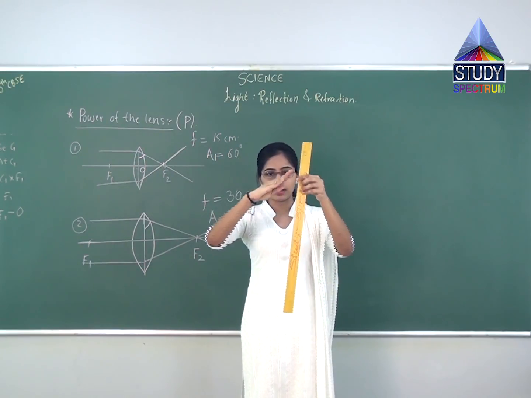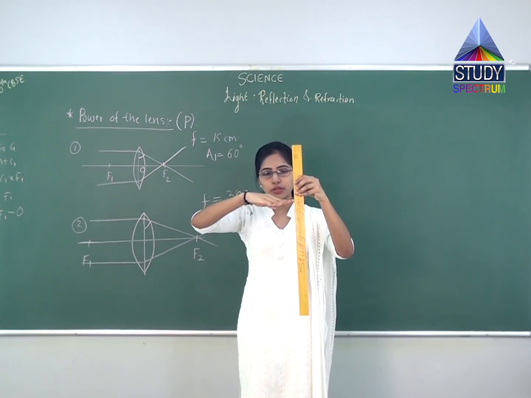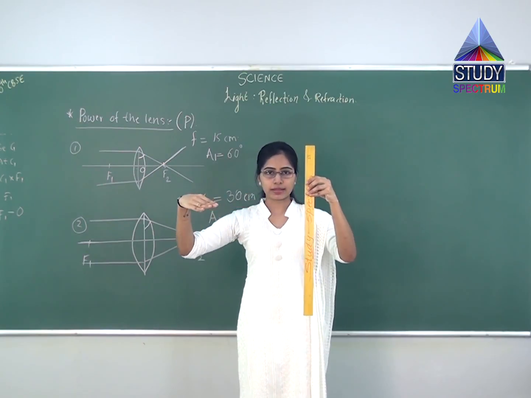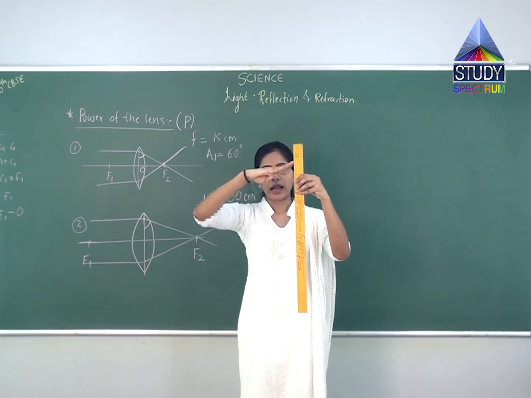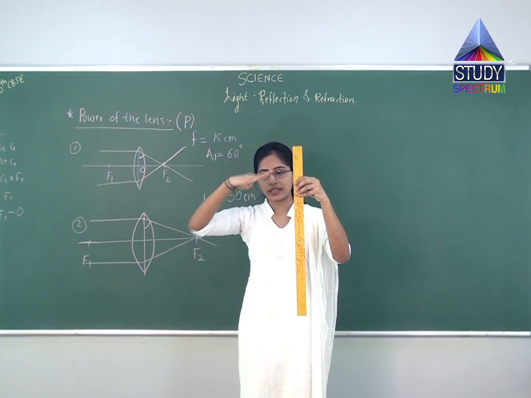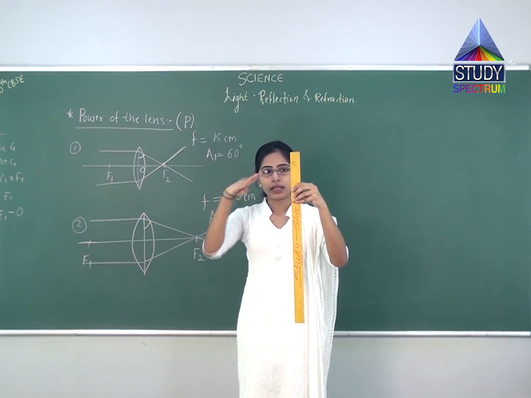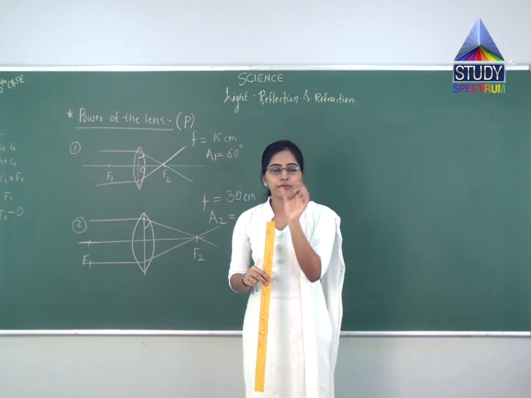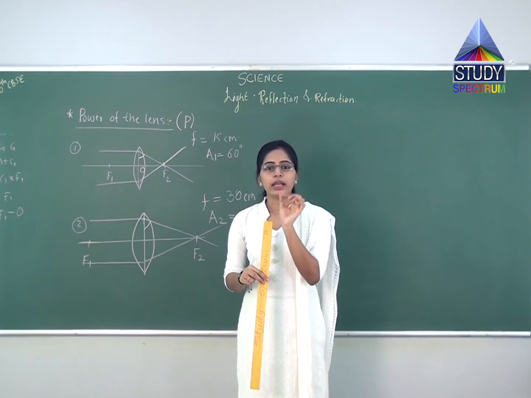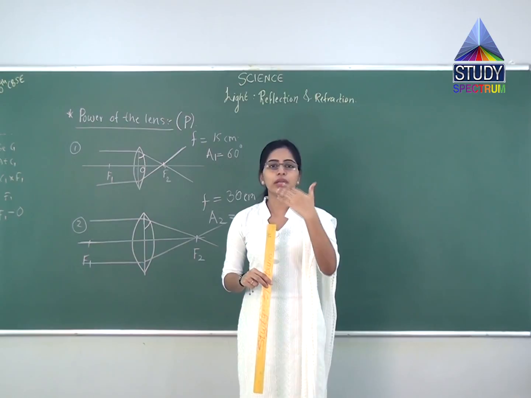Suppose this is the principal axis. If here is the focus, light will bend with this angle, and if the focus is at a longer distance, light will bend like this. So for the smaller focal length, light rays bend through larger angles.